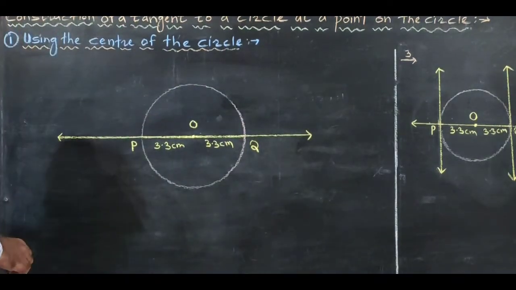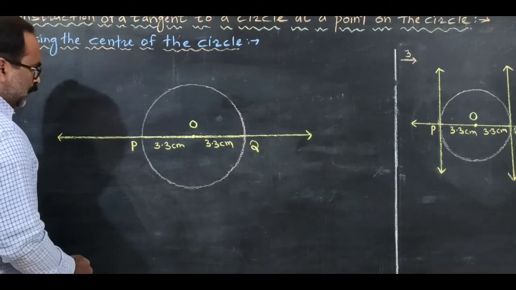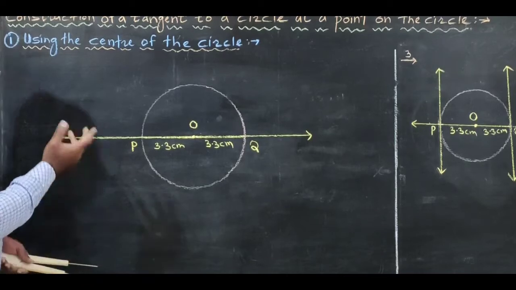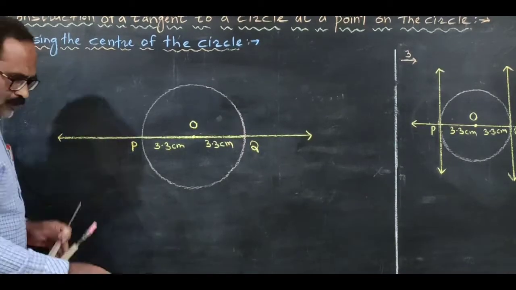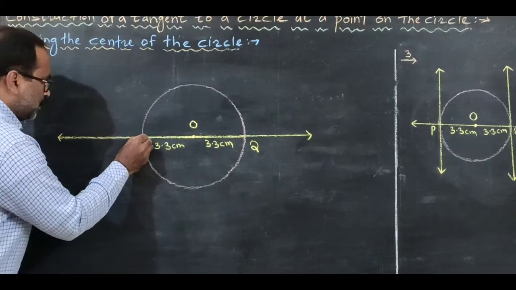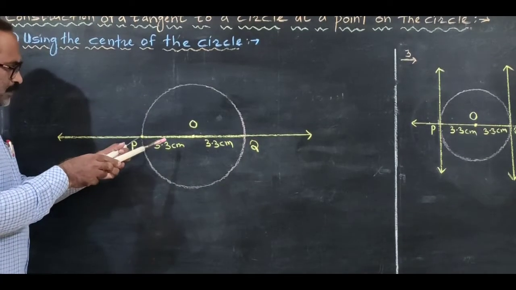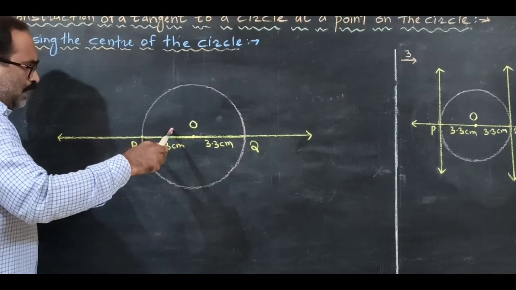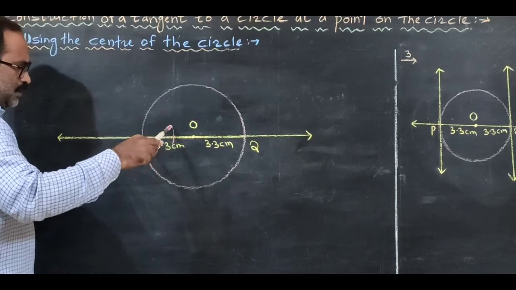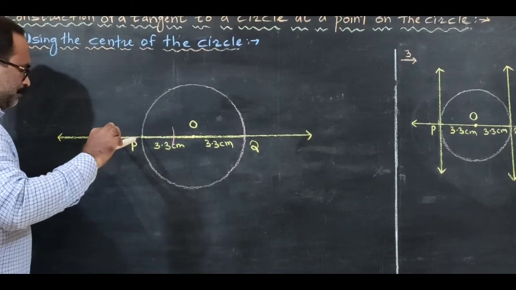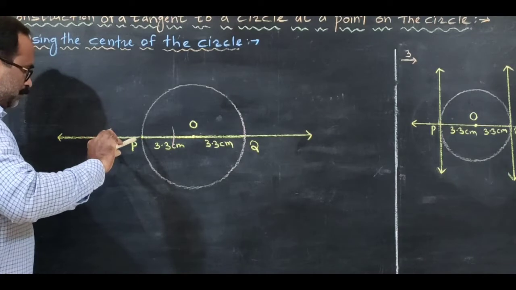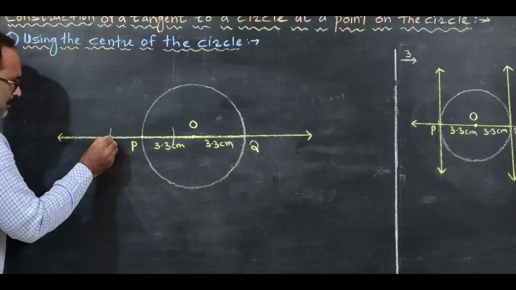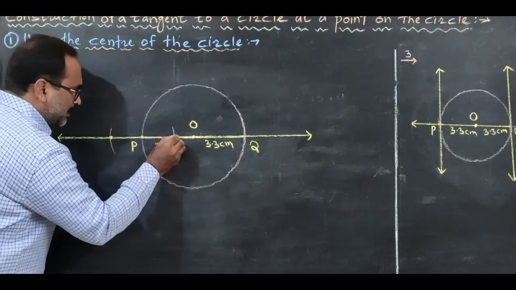Now we draw a perpendicular passing through P on PQ. It is a tangent to the circle at point P. So we put the nib of our compass at this point and we take a convenient distance in our compass and we draw arc of same distance to the both the side of P. This arc intersect at this point, this arc intersect at this point.